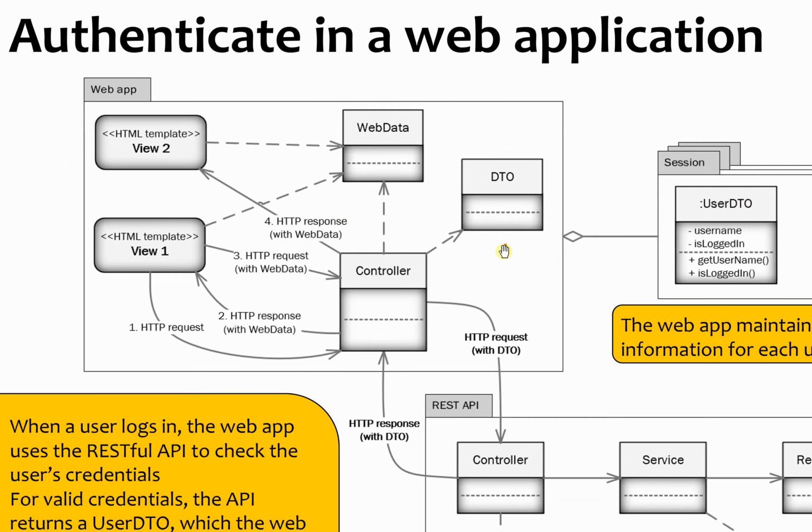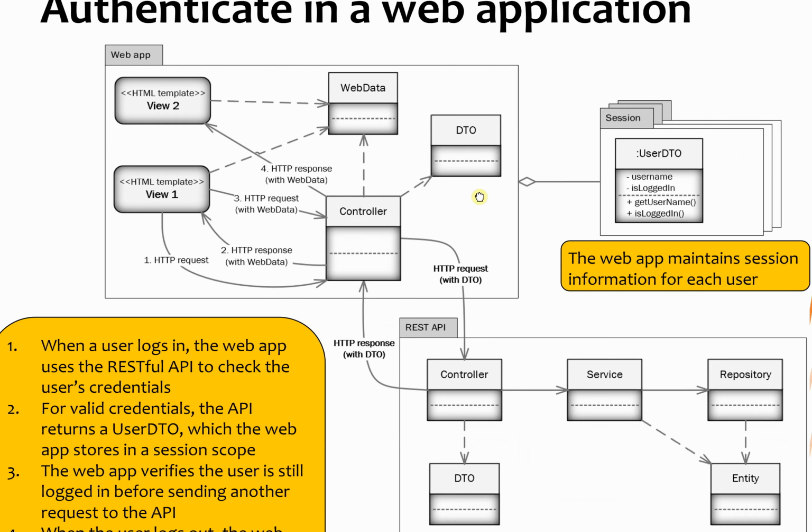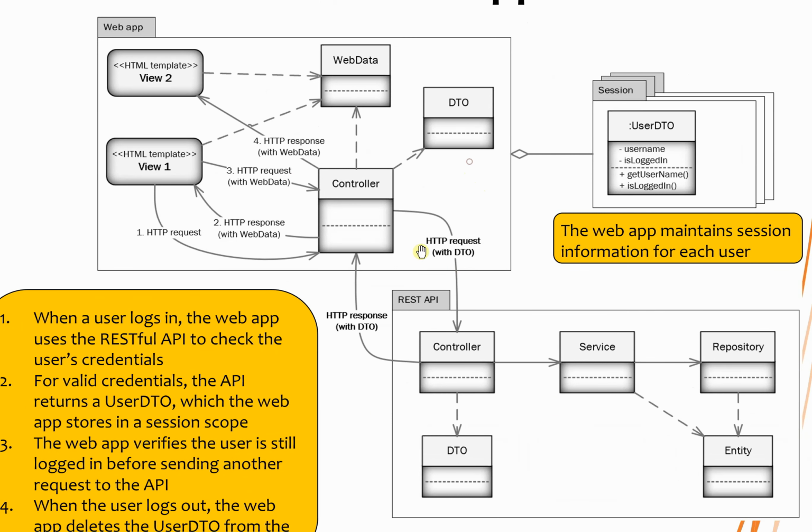Now, if we take that concept a little bit further using an API, then the login information that is sent to the web controller will then be sent to the REST controller, which contacts a service that uses a repository to get the user that matches the credentials.